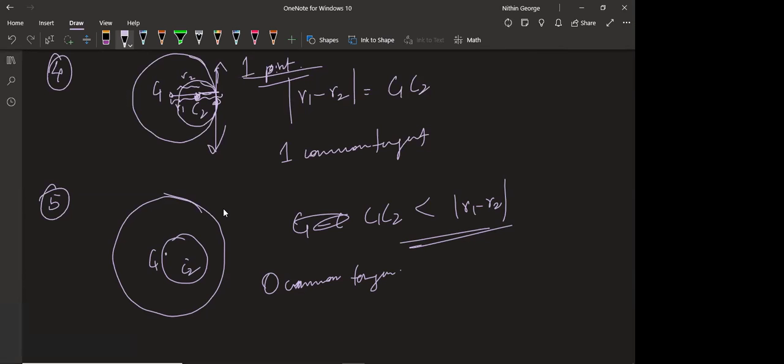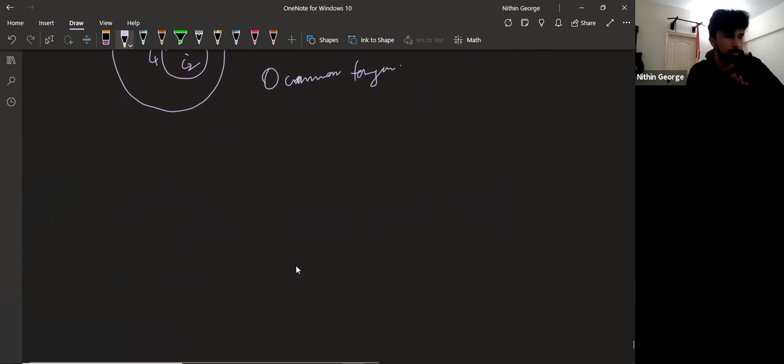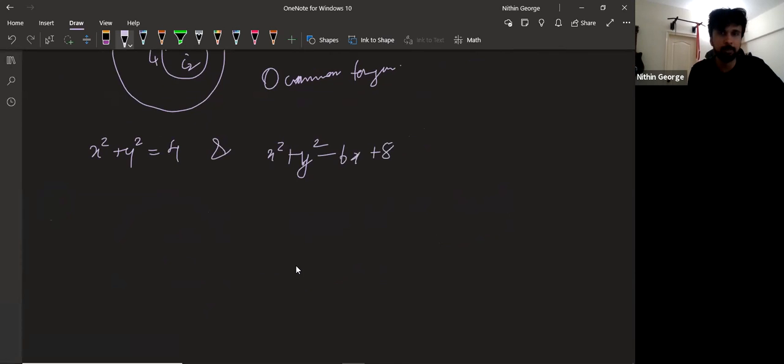Yes, sir. Okay, so if I give you 2 circles, can you find the number of common tangents quickly? I'll simply give you 2 circles, x square plus y square equal to 4 and x square plus y square minus 6x minus 8y minus 24 equal to 0. So quickly tell me, what is the center here?